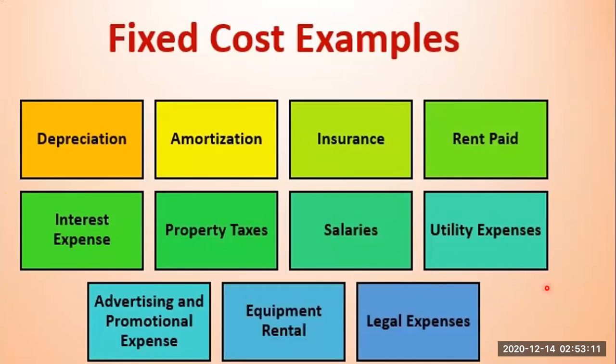And other fixed cost examples, probably not too common, but still fixed costs, are depreciation, amortization, insurance again, rent again, interest expense, property taxes, your responsibilities with the government, salaries, utility expenses, advertising and promotional expense, equipment rental, and legal expenses.